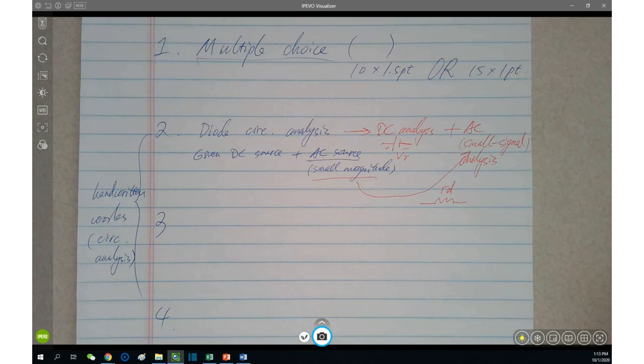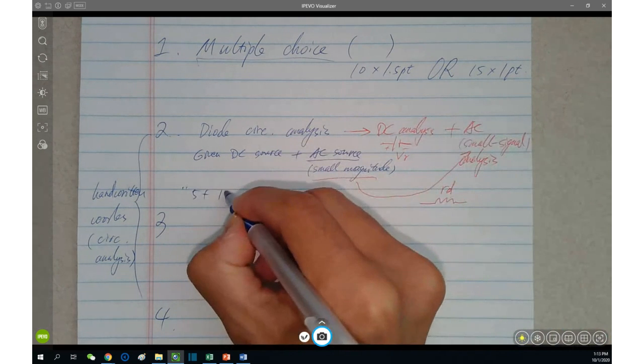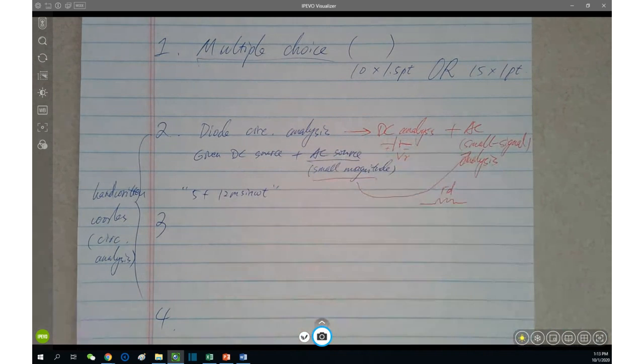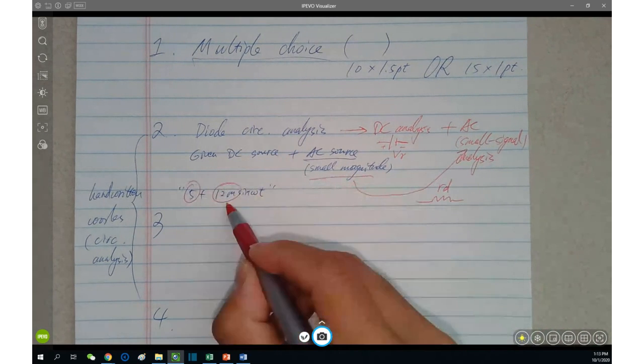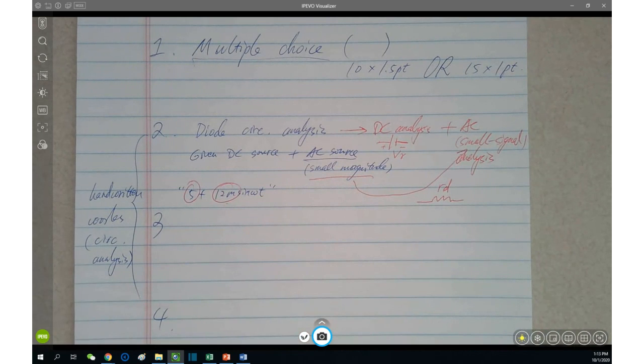Also we have one homework, homework 0, where we are not dealing with a diode, but we are dealing with a source, something like 5 plus 12 milli sine omega t. This means nothing but one DC and one AC. However, the AC's magnitude is way smaller than the DC. So small signal model, right?